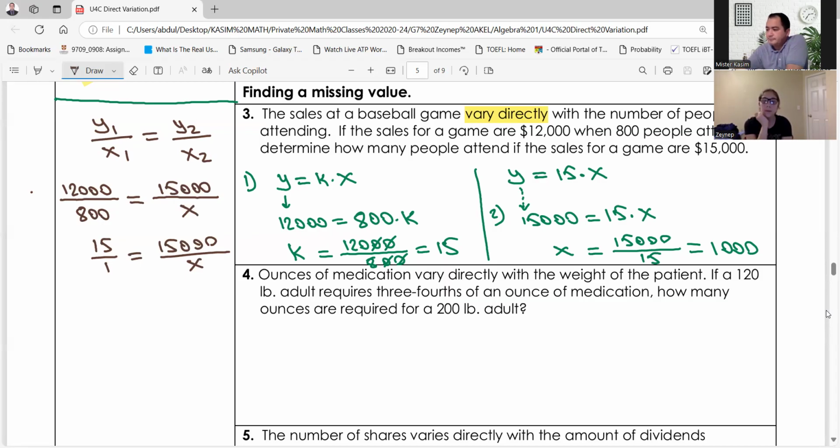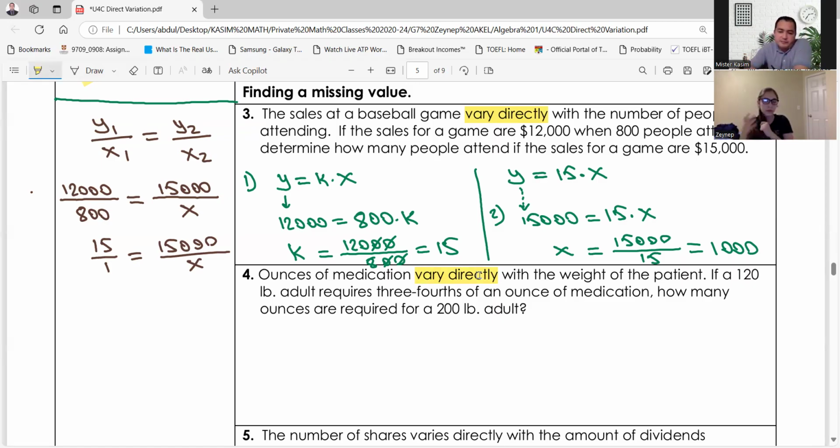Again, for this kind of question, if possible, always have a highlighter. Highlight the keyword. It says varies directly. Immediately I know that the two quantities are related by the equation y equals k times x.